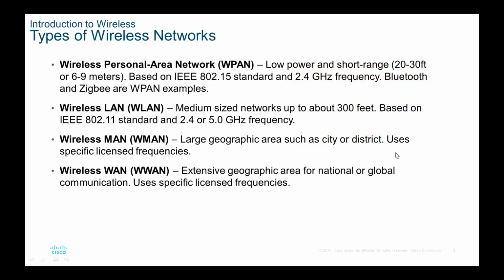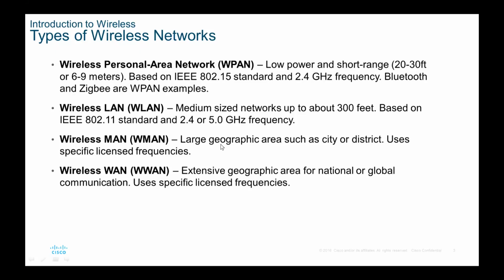The wireless LAN is suitable for a medium-sized network that can range up to 300 feet. The common protocol used in the wireless LAN is IEEE 802.11. In this 802.11, there are many standards which operate at different frequencies and support different bandwidth. We'll see those standards a little later.